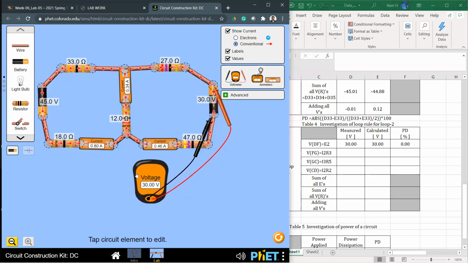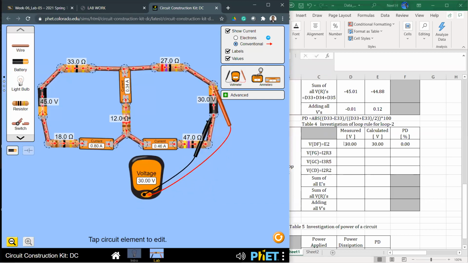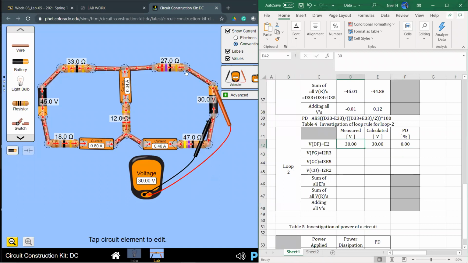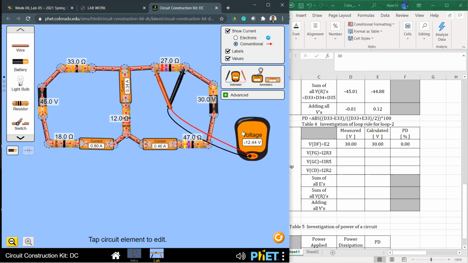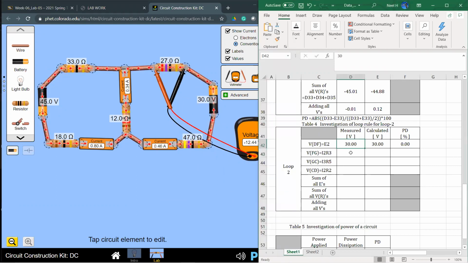So we're getting 30.00, right? That's good. Then let's measure the next resistor, right? Positive probe first, followed by the negative probe, okay? Now you can see the current direction and loop direction are the same. That should be negative 12.44. Minus 12.44. Okay.